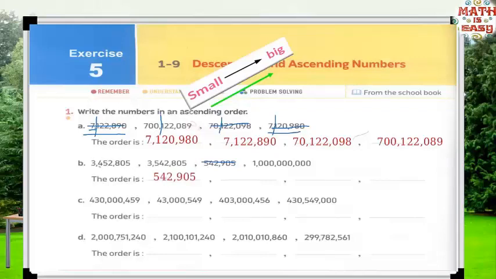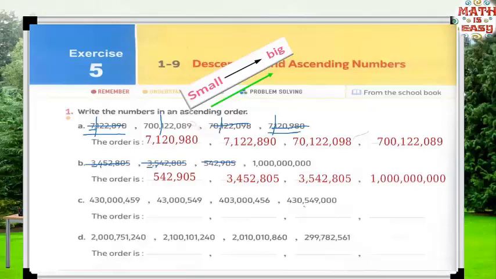Which one is smaller? Here we have 3 and here we have 3. We have 4 and 4 in the 100,000 place. So this number is smaller than the next number. Third number, this one. And the biggest number is 1 milliard.